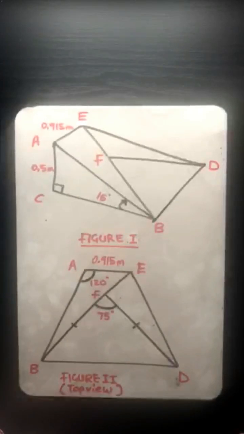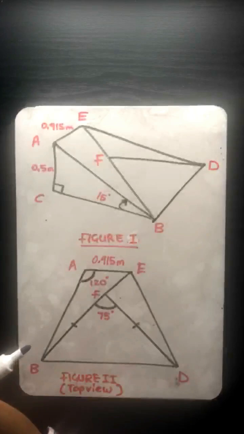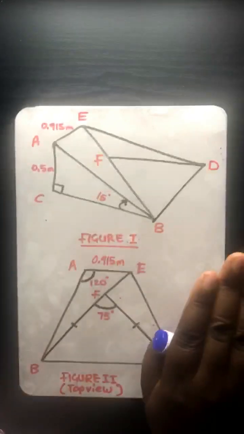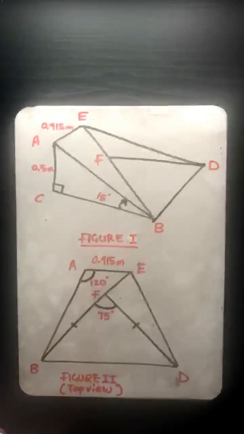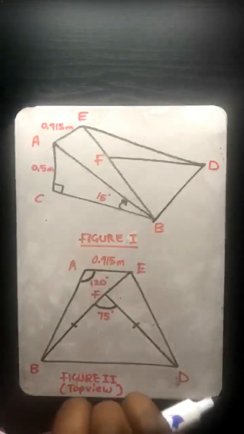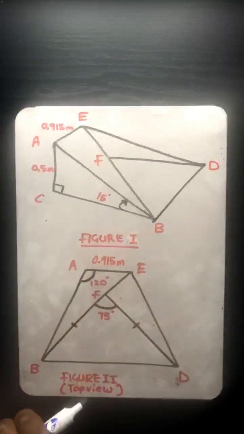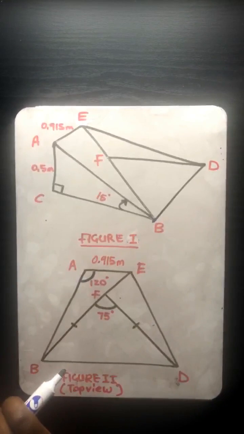That's where you might need to apply the cosine and the sine rule. So if it's not a right-angled triangle, think about the cosine and sine rule. If it's a right-angled triangle, remember the trig ratios.